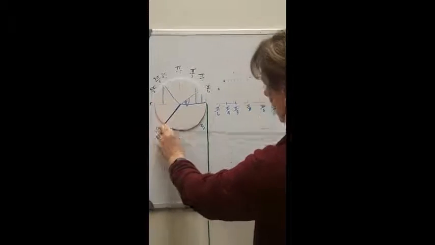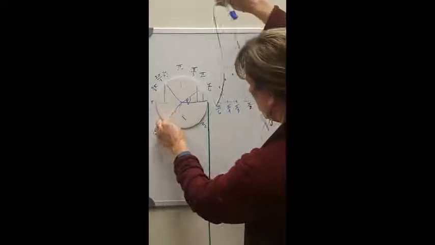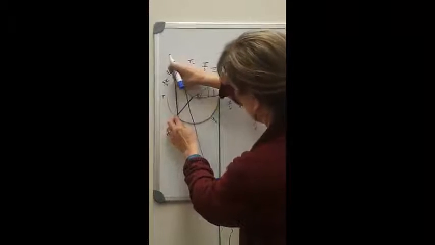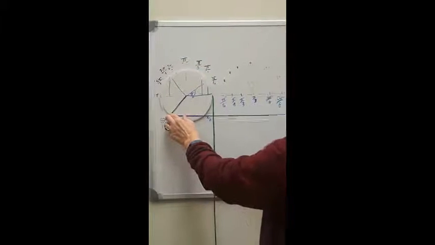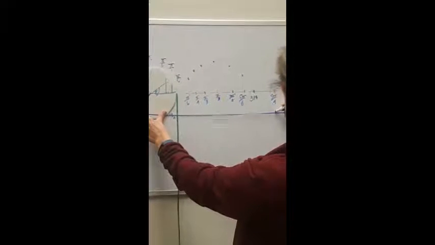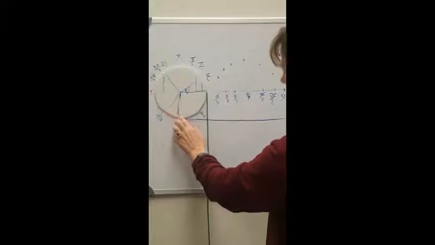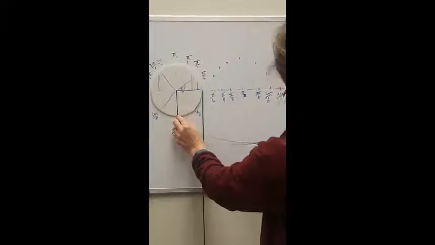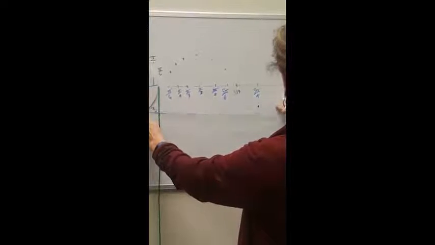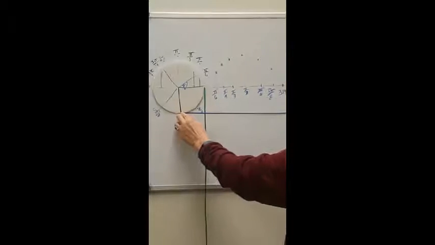Now let's try 5 pi over 4. The vertical component is actually now gone negative. It's this far. So I'm going to put it down here. So at 5 pi over 4, I'll put this here. It's negative. Okay? At 3 pi over 2, which is down here, the sine is all the way down at -1, down there.